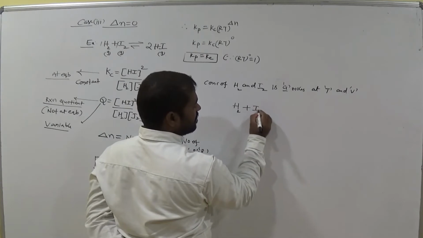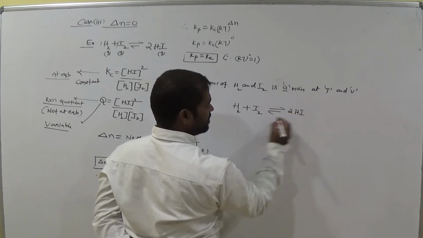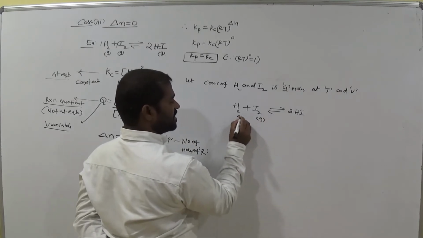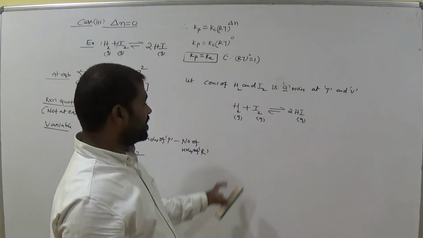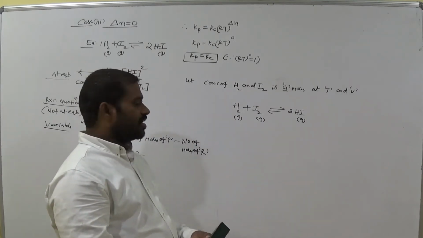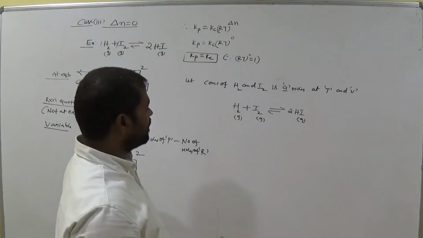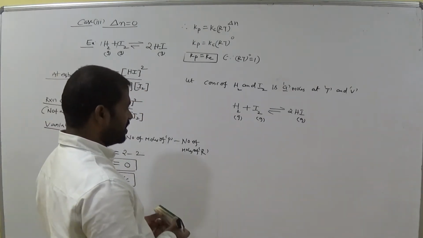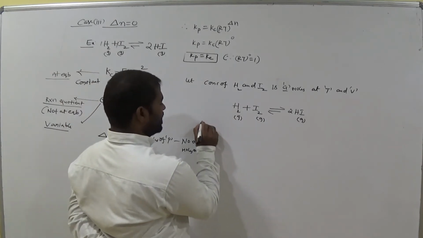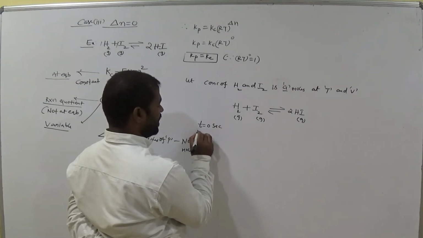H2 plus I2 is reversible to 2HI. Am I right? This is a gaseous chemical equilibrium and that too a homogeneous equilibrium. You need to remember this. When all the reactants and products are in the same physical state, then we simply call it a homogeneous equilibrium reaction.